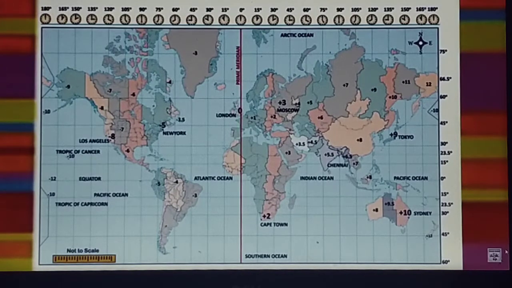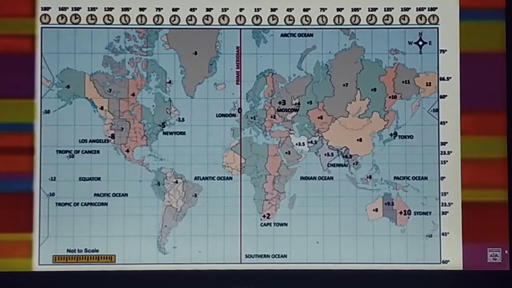Lines of longitude are drawn as semicircles. The distance between lines of longitude is 111 kilometers at the equator, less at 45 degrees latitude, and they converge at the poles. Lines of latitude do not meet, while lines of longitude converge at the poles.